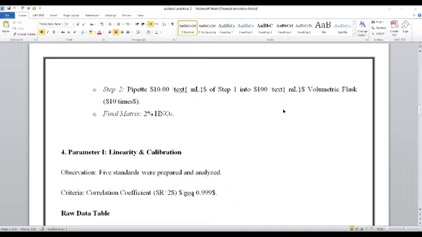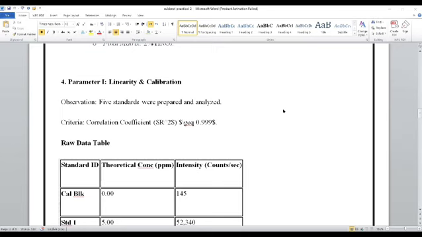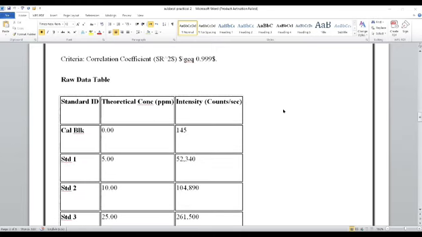Parameter number 2, precision, that is repeatability. Precision measures how consistent the results are when the sample is analyzed multiple times. Procedure: one plating bath sample was prepared and analyzed six independent times. This tested sample preparation and instrument repeatability.